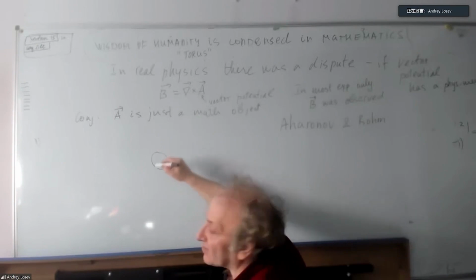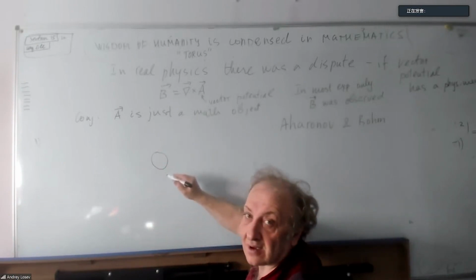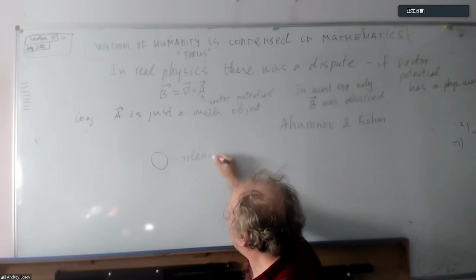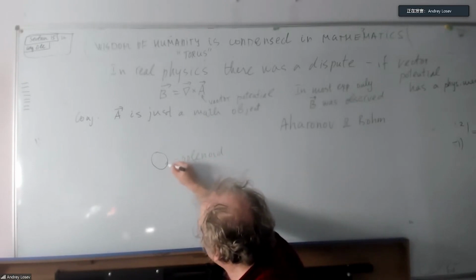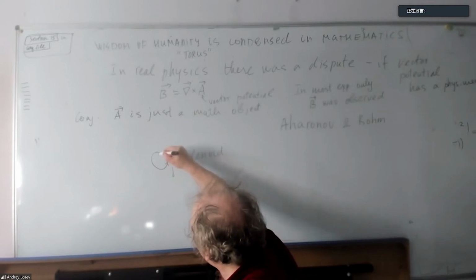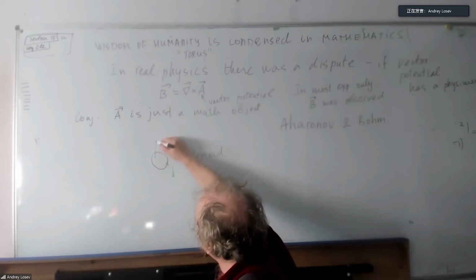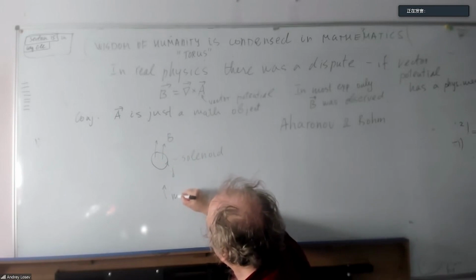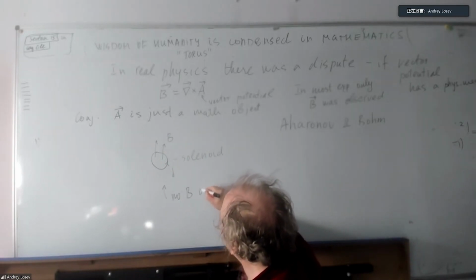So suppose you have a solenoid. So we have current here. It means that we have magnetic field B inside, no B outside.